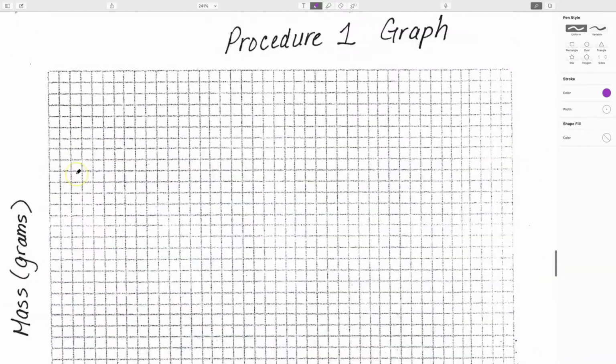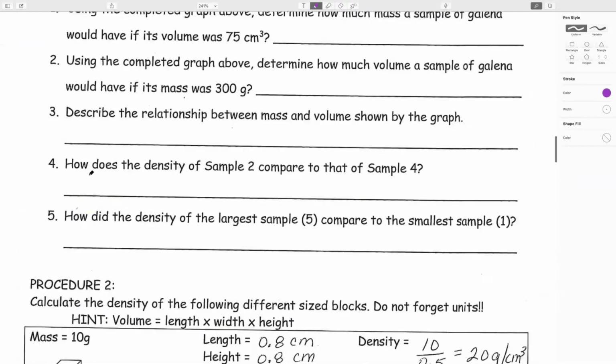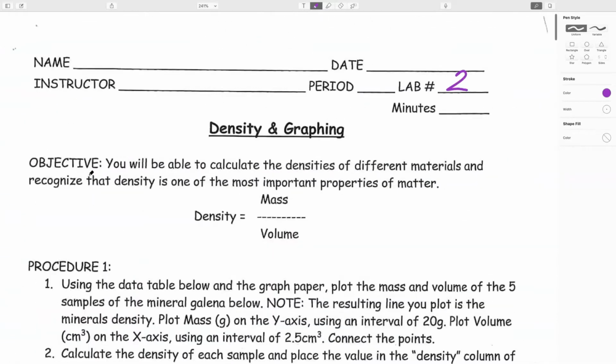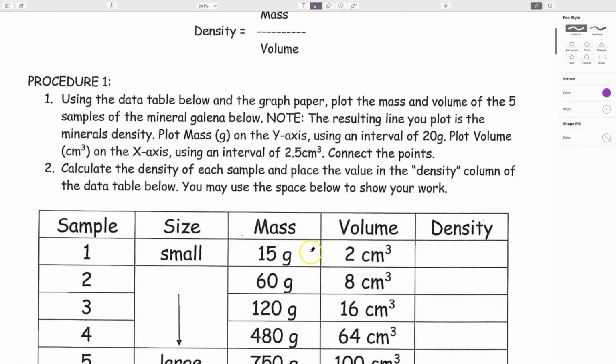So on this first graph, what you were supposed to do, if we look back at the data, is plot the mass and volume using these 2 coordinates, your mass being your y-axis and your volume being your x-axis. For instance, sample number 1 had a mass of 15 and a volume of 2.